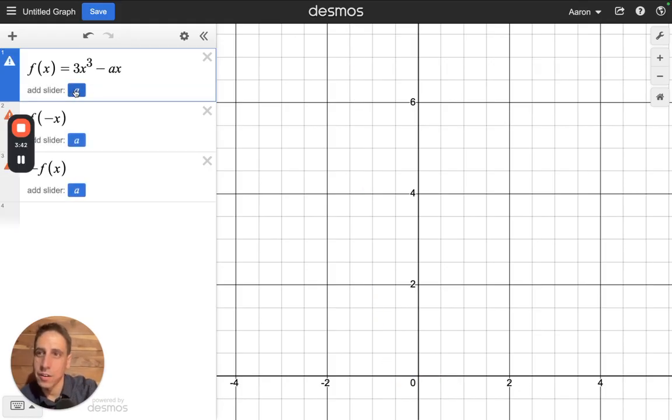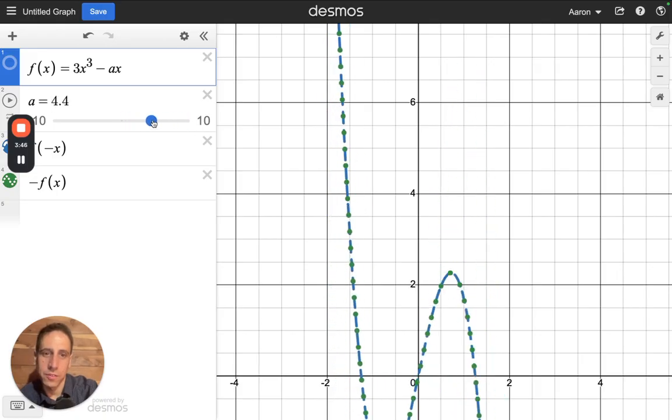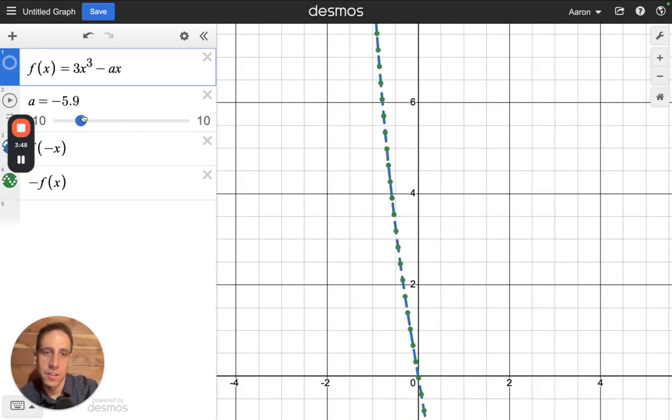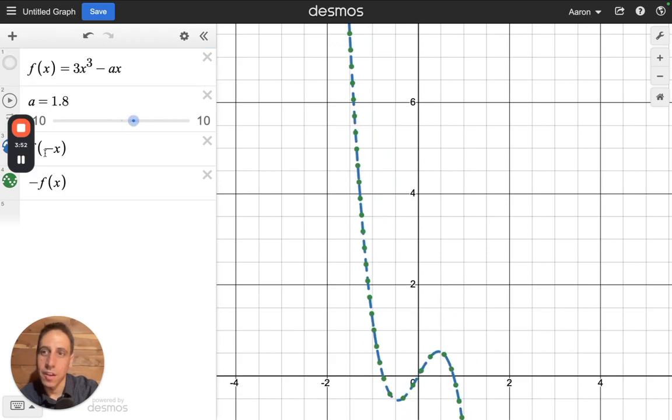Let's add a slider, and look at that curve. It's very interesting. But it doesn't matter what the value of a is. f of negative x is still always completely in the same location as negative f of x. Therefore, those two expressions are going to be equal.